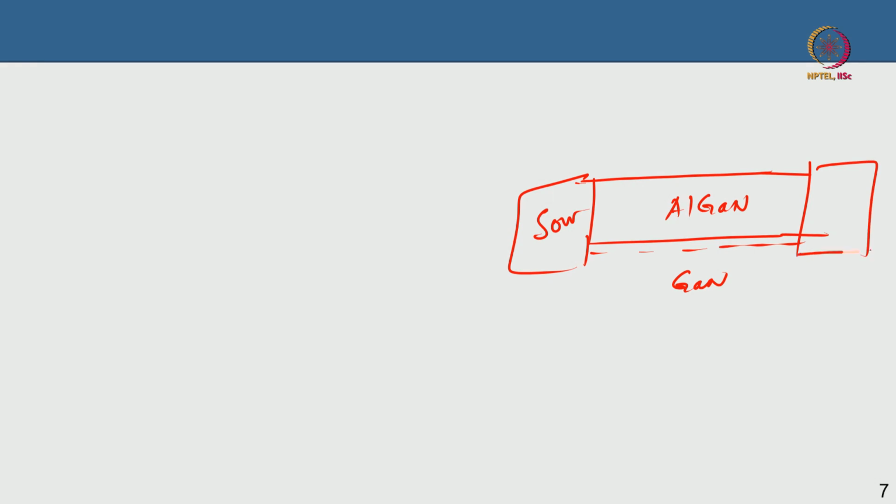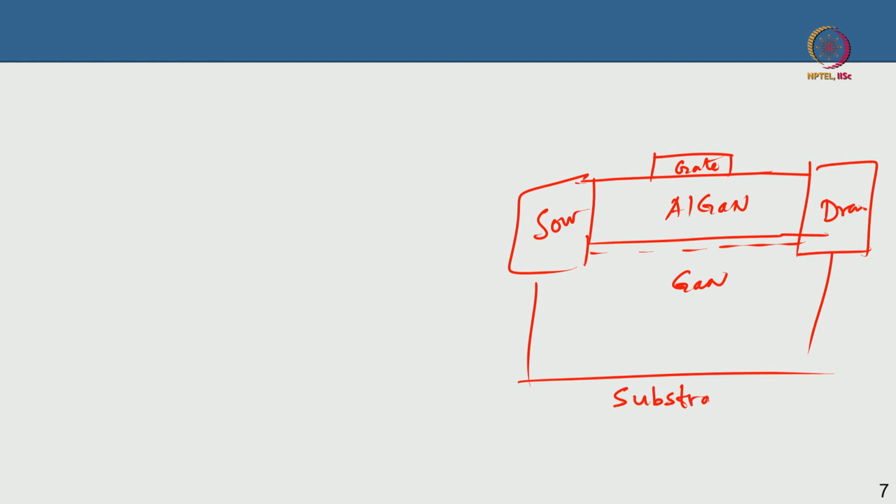For the sake of simplicity, I will just say this is an L-GaN transistor, and there is a 2DEG here. This is your source and this is your drain. This is going to be your gate. And then there will be a substrate, which could be silicon carbide, etc.